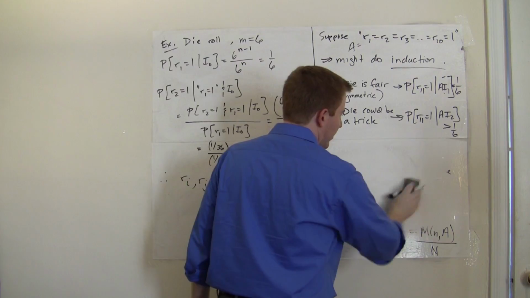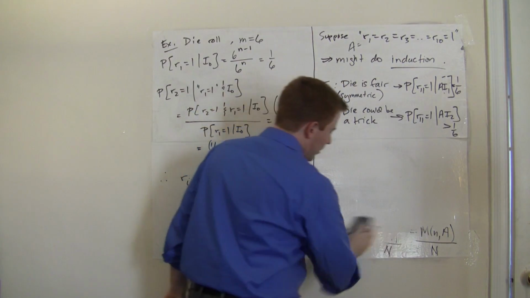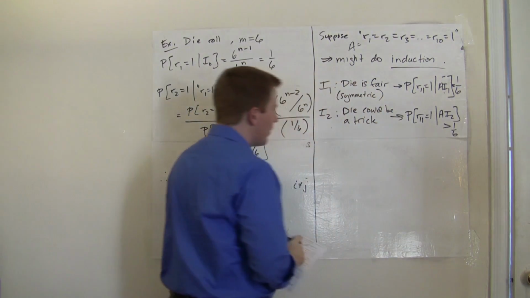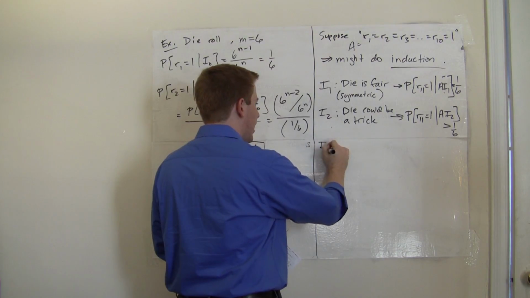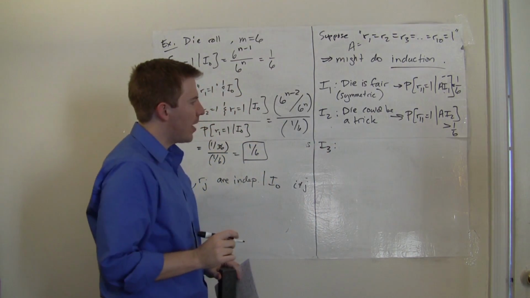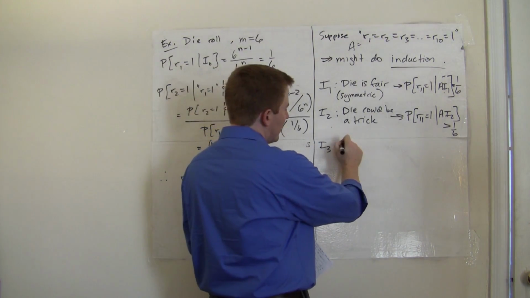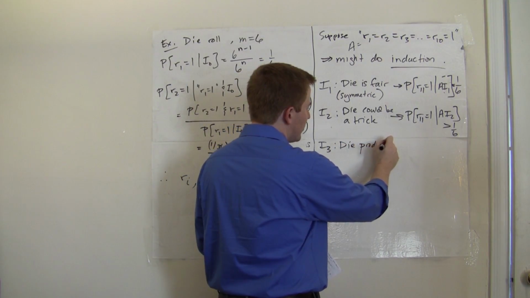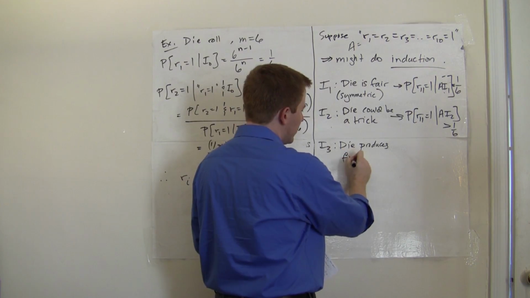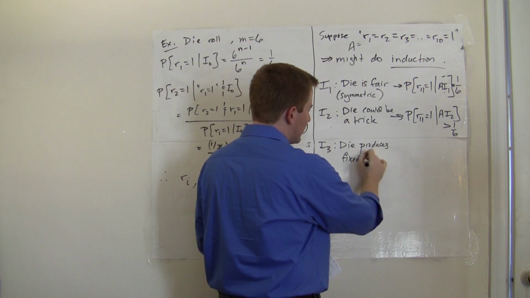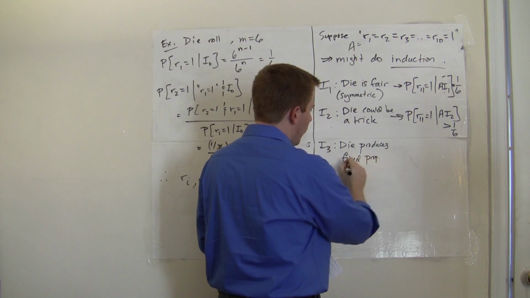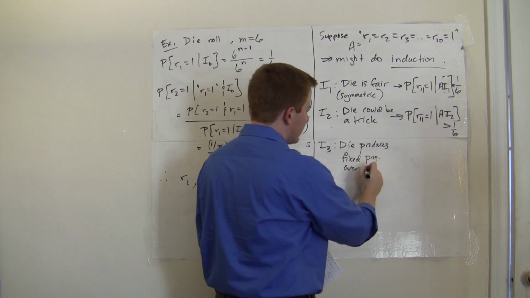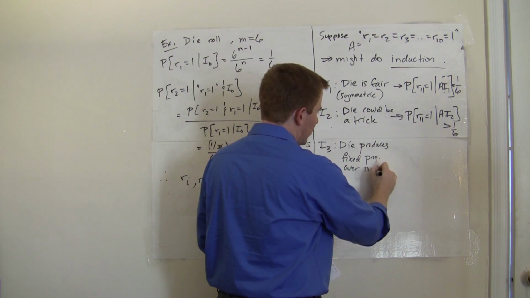If we go another way, and think about, well, maybe we can imagine having some background information that the die that we're rolling actually produces some fixed proportions over, let's say, the next 120 rolls.